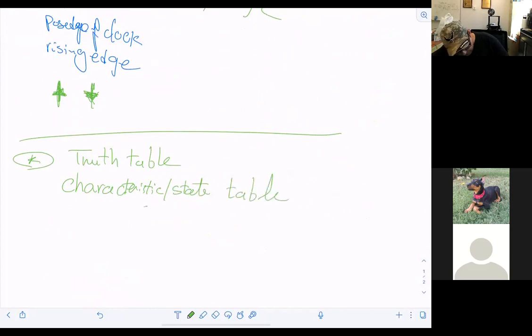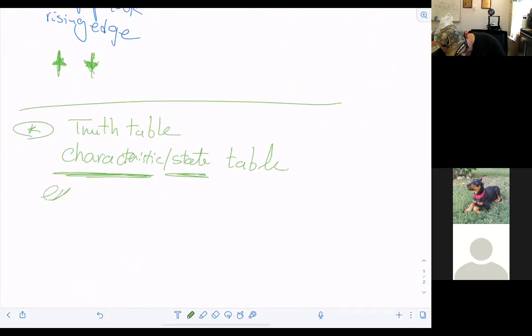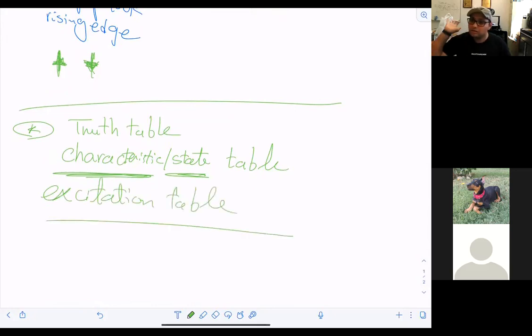Some of the books call it characteristic, some of them call it state table. And the third is called excitation table. So far so good. This is basically what we're going to work with from now until we finish the course.